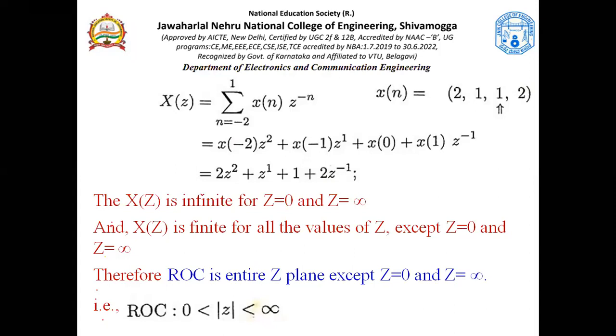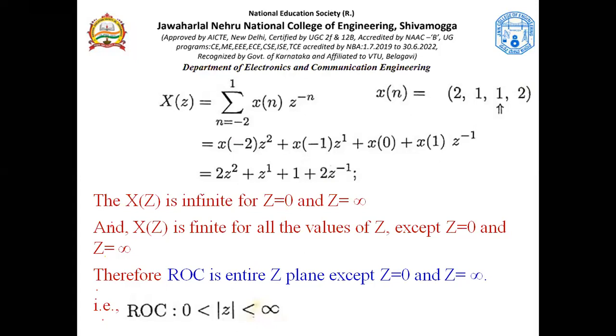We have found out the Z transform for all these sequences, and also the region of convergence. Remember, I'm telling you again, for any sequence, if you find x of z, that is the Z transform, you have to find out the region of convergence. Without finding the region of convergence, the solution is incomplete.